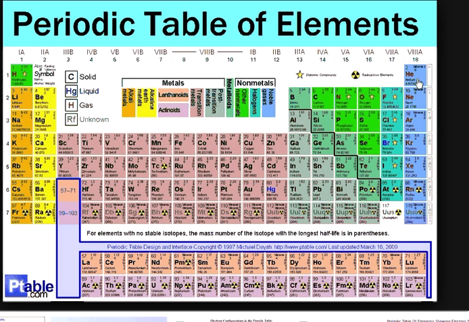Now we've talked about periods here. Now it's kind of interesting if you look here. Let's look at this period here. You see these little numbers, 2, 8, 8, 1. I like this periodic table because a lot of periodic tables don't have this, but this tells you how many electrons are in the first shell, how many electrons are in the second shell, how many electrons are in the third shell, and how many are in the fourth shell.